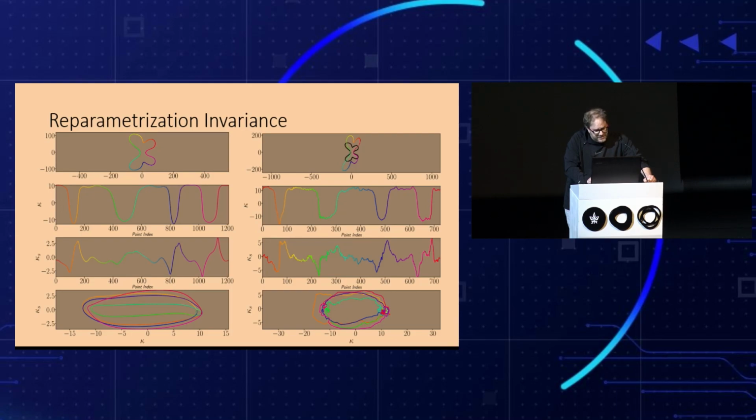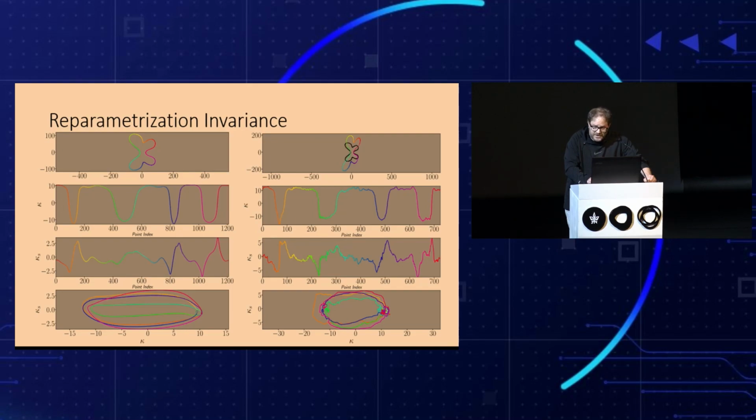So for example, on the left we have this colorful butterfly curve, for which we approximate its kappa and kappa S at each point. We get those signatures as we see here, and then on the right is the same curve, just transformed by some random affine transformation, and also downsampled by 40%.